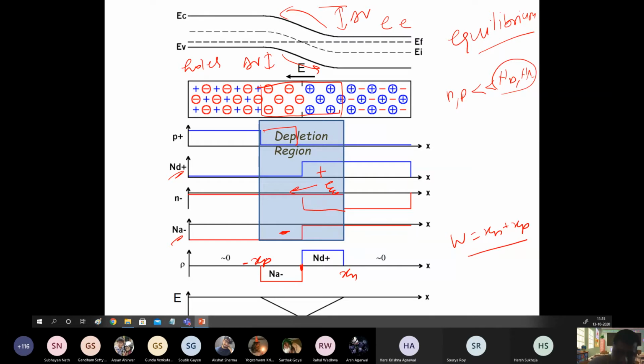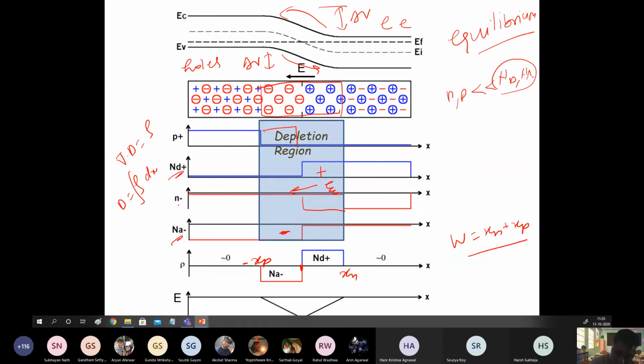And if you recall Gauss law, what is Gauss law? Del dot D is equal to rho, right? If you take the integral form, D is equal to integral rho dx.